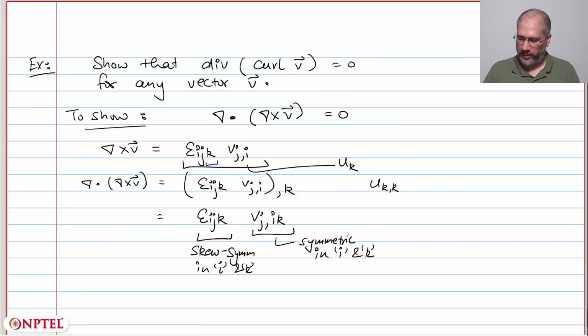We'll assume that, and this is a multiplication now of a skew symmetric tensor and a symmetric tensor, which has already been shown to be 0 in the past. So this completes the solution.